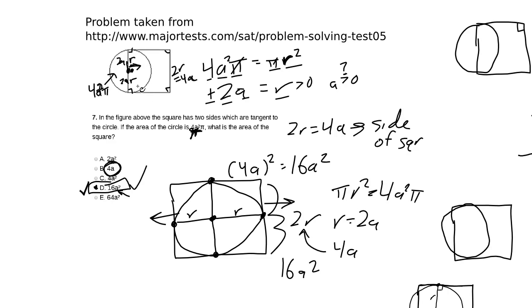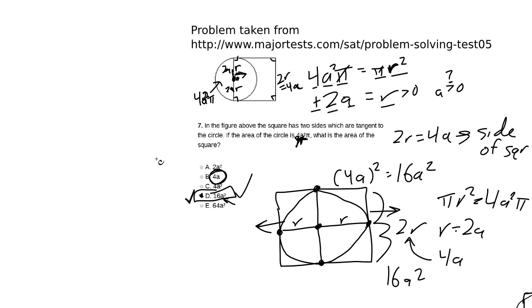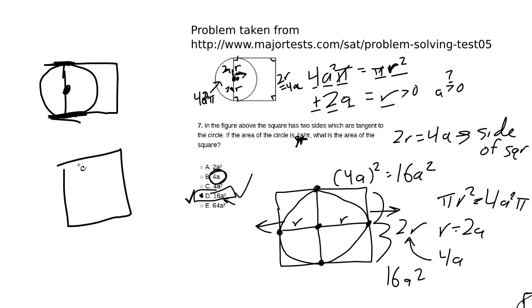But it's yet another reminder. I thought that having a square and a circle in which two sides of the square were tangent to the circle meant, oh, well, clearly the center of the circle is the midpoint of the side of the square. Well, no, it doesn't have to be. You can move that circle in a little bit, put the center here, and you've still got two tangent sides of the square.